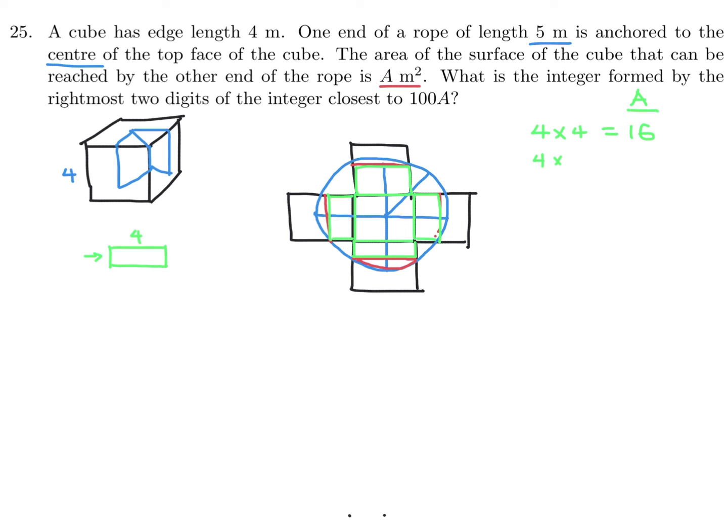And you can figure out the side pretty easily by drawing a line from the center to the corner like that. And then just concentrating on that triangle, I'm going to put that triangle over here. Well, from here to here, the hypotenuse of that triangle is basically 5, right? That's the extent of the rope. And then from here to here, well, that's just 2 because that's half of the length of the side of the cube.